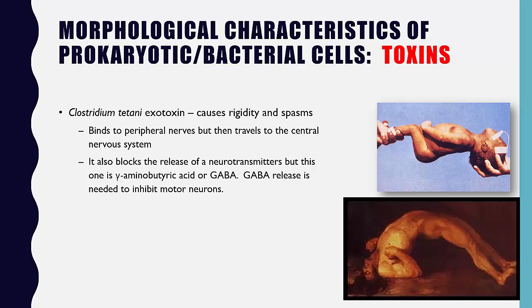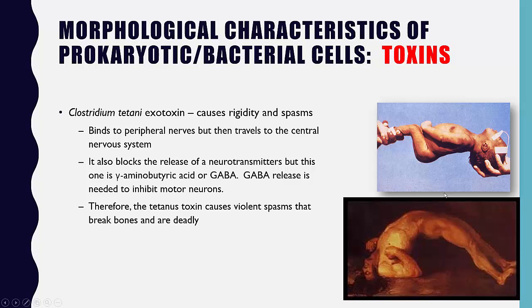So what this does is instead of blocking the release of acetylcholine, it blocks the GABA. So it stops that neurotransmitter, and without GABA, then you're not inhibiting your motor neurons. So this is why you get the severe contraction spasms and the rigidity. So the tetanus toxin does cause violent spasms. They will break bones, and they are quite deadly.